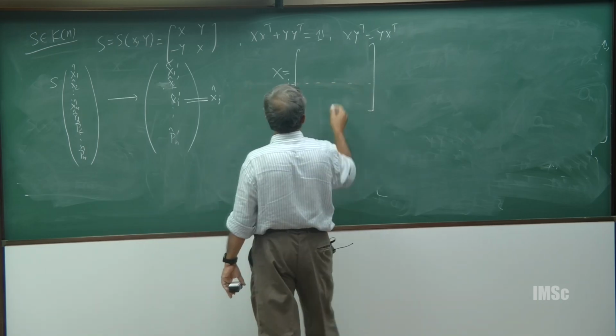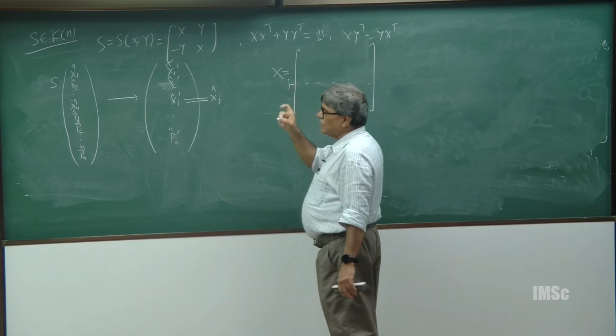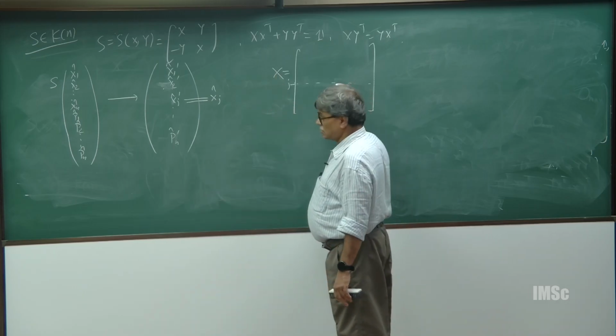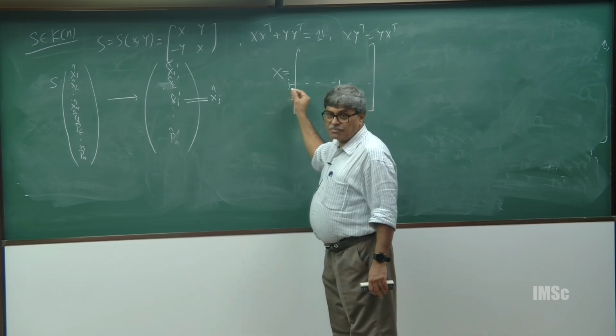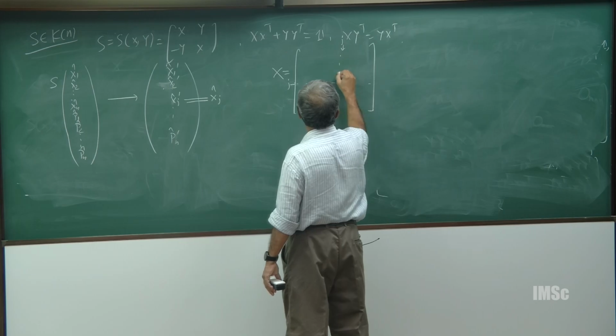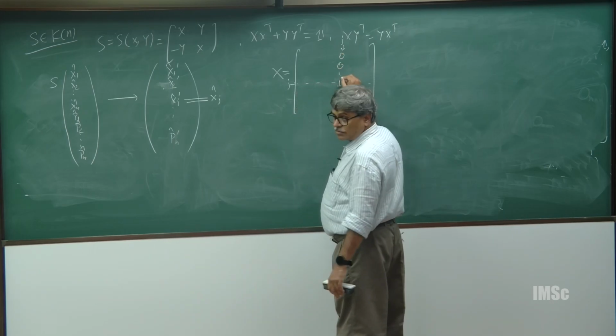What should happen to this? The jth row should be this, it should be 1 in the j position, right. So, this is the j position, and the rest of them should be 0, right.